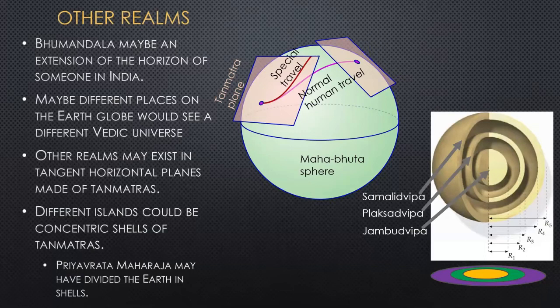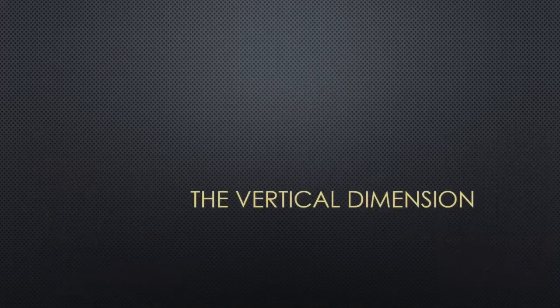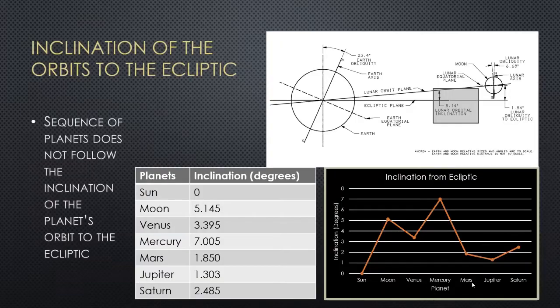So let us go into now the second topic for today, which is the vertical dimension. What is the vertical dimension? Well, we try to think of this sequence that was given to us: Sun, Moon, Venus, Mercury, Mars, Jupiter, and Saturn.